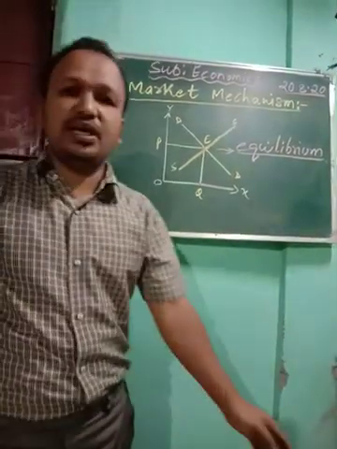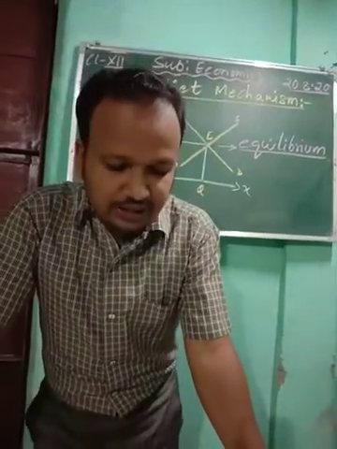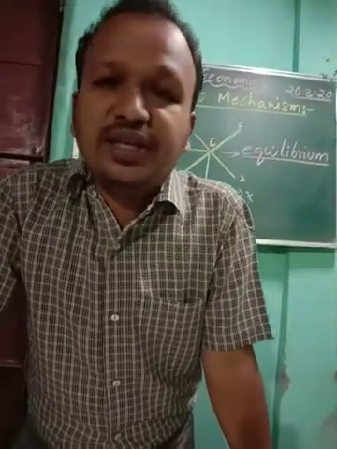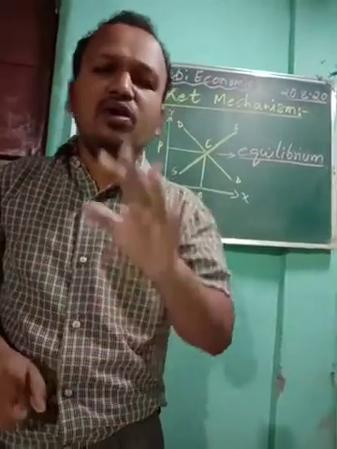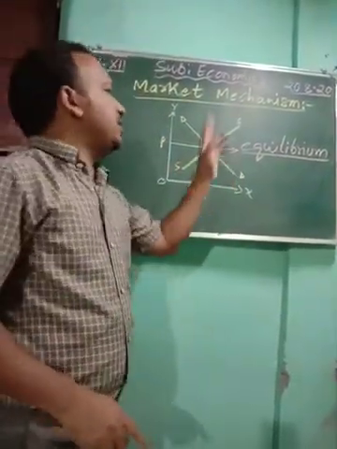So equilibrium is a situation when the demand of a commodity is equal to the quantity supplied of a commodity. When both are equal, at that time it is considered to be your equilibrium.